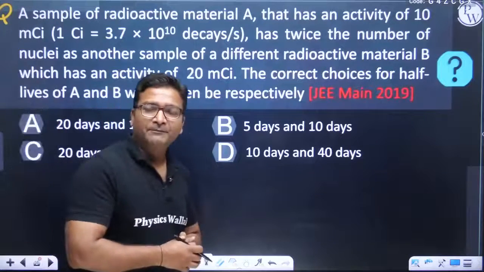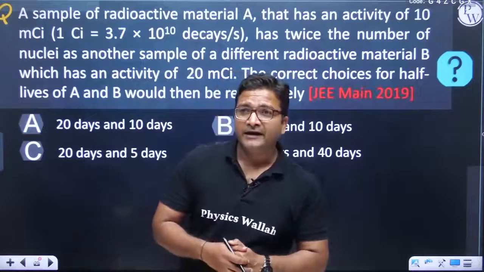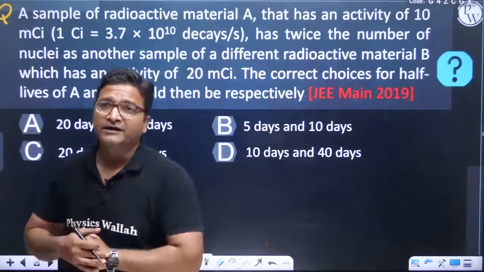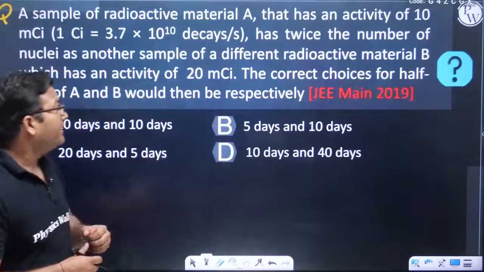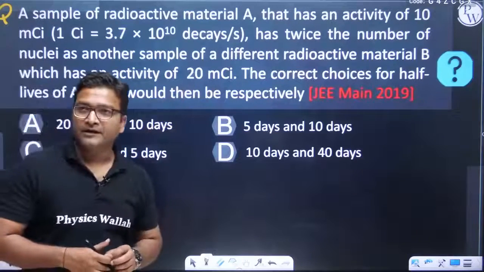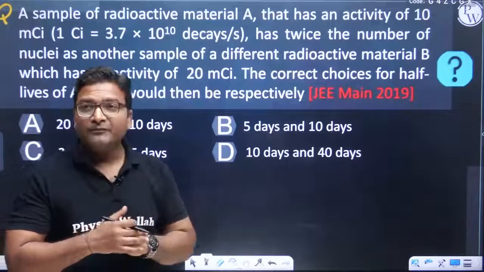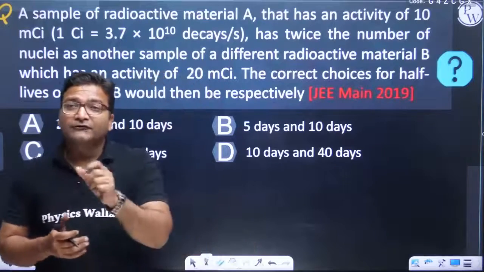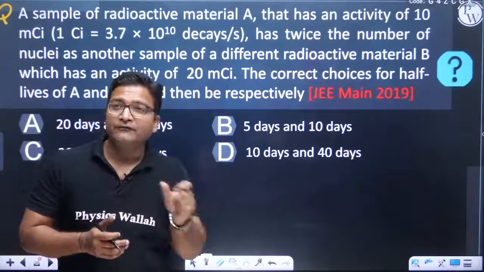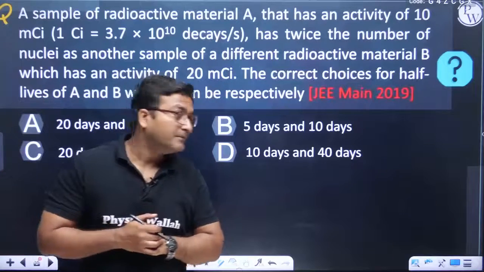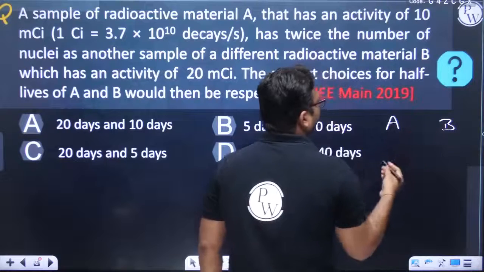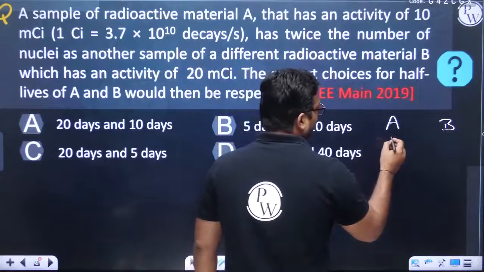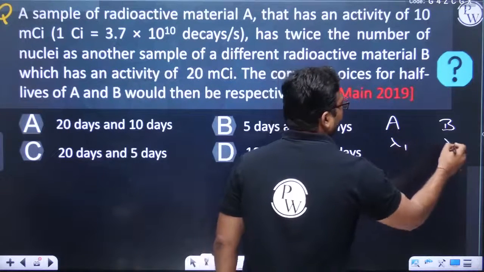Here we have a sample of radioactive material A that has an activity of 10 millicurie, and the sample of material B has 20 millicurie. The sample of material A has twice the number of nuclei as another sample of a different radioactive material B. So if we have A and B, let us say their decay constants are lambda 1 and lambda 2.